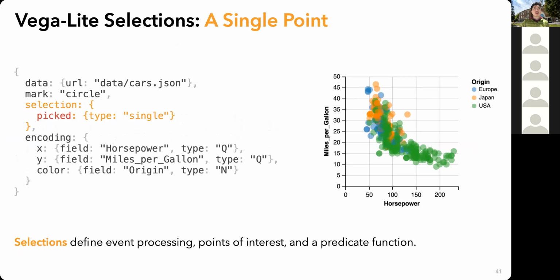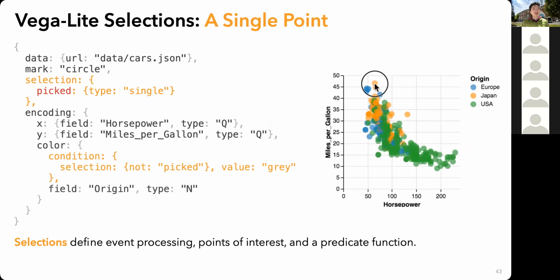Okay. So first, to add a selection interaction, you just use select. Okay, and then you can set the color depending on the condition.